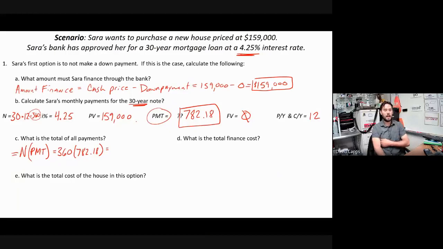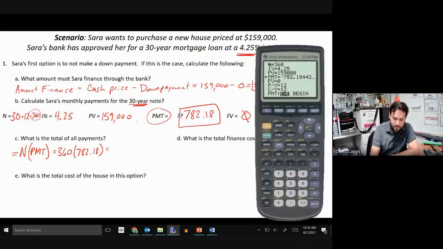Let's see how much she's going to have to pay the bank. Let's calculate that. 360 times 782.18. There it is, $281,584.80.